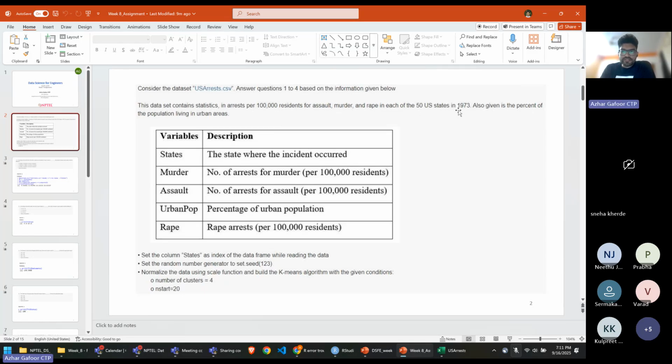So we have 50 US states, and we are planning to use the K-means algorithm with 4 clusters. Okay, so let's see how we are going to do that.